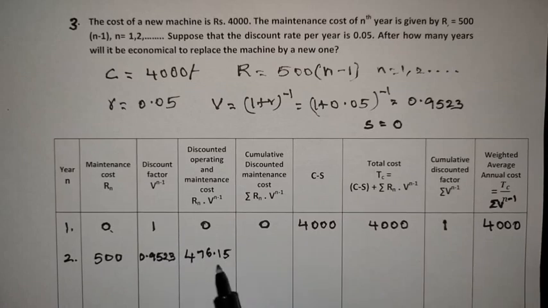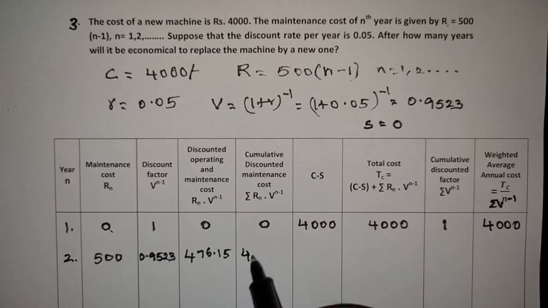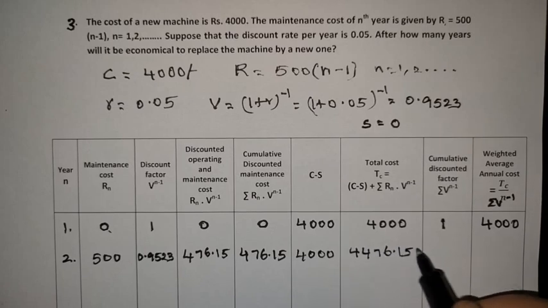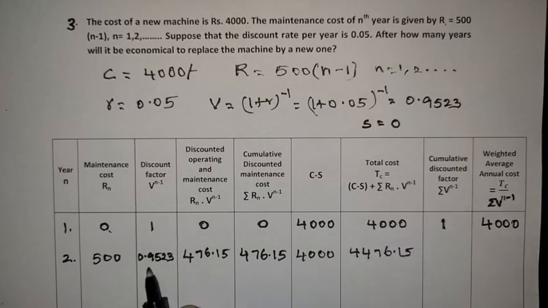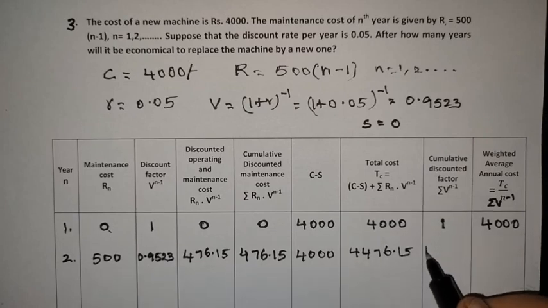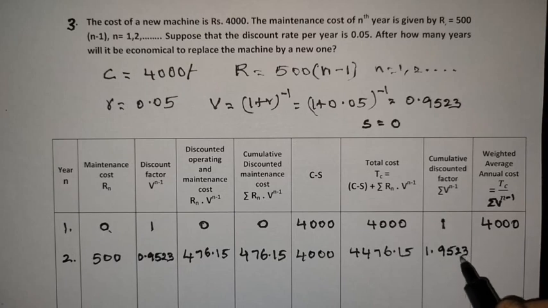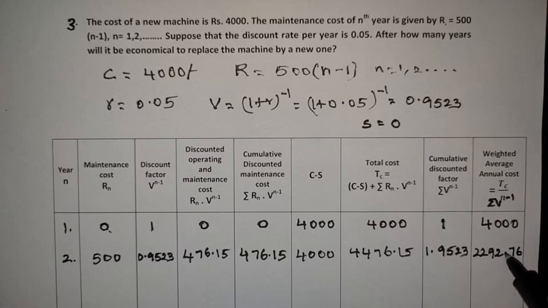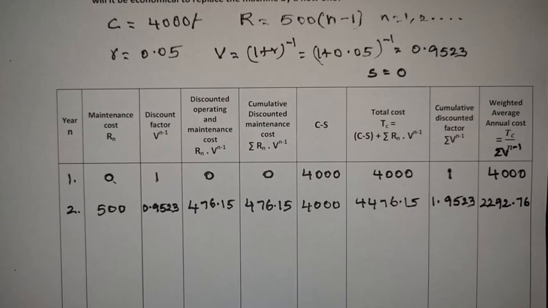Sigma value is 476.15 plus 0, so 476.15. C minus S is the constant 4,000. Adding these two, we get 4,476.15. Sigma V power n minus 1 is 0.9523 plus 1, that is 1.9523. Then TC by sigma V power n minus 1 gives 2,292.76. If you see the weighted average, it decreased. So let's go for the third year.